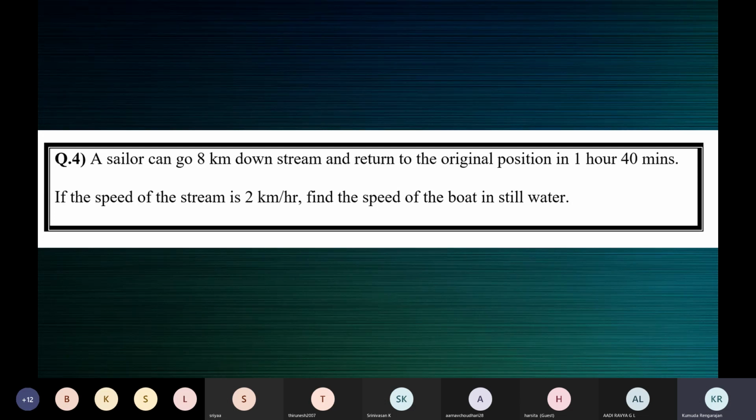Using speed and distance, we have to find time. The equation will be: the total time taken is 1 hour 40 minutes. It's not the difference in time taken, it's the total time taken. So the time taken to cover 8 kilometers downstream plus the time taken to cover 8 kilometers upstream is equal to the total time of 1 hour 40 minutes.